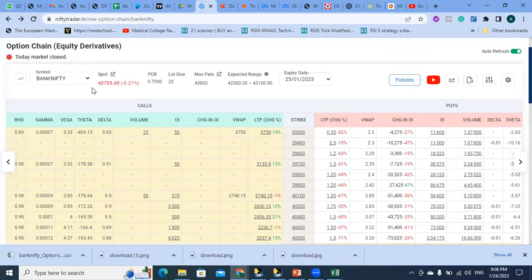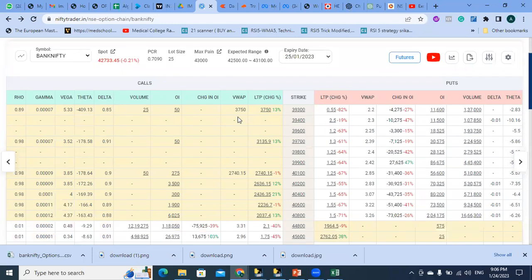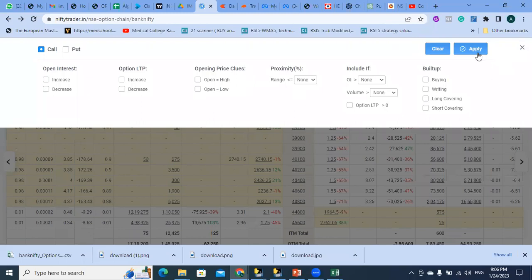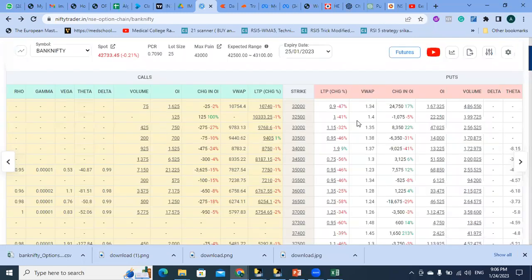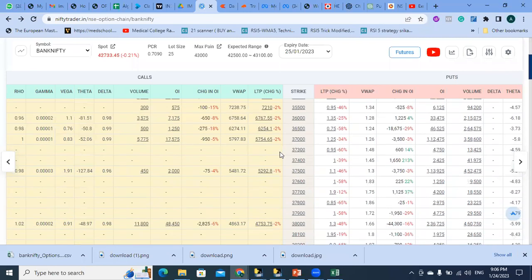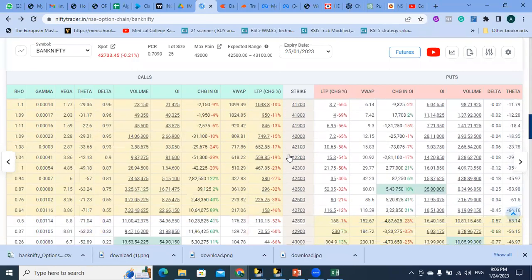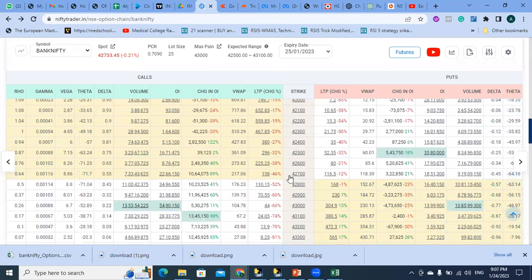Bank Nifty is presently trading at 42,733. So let me remove everything. 42,700 is presently the at the money strike price.